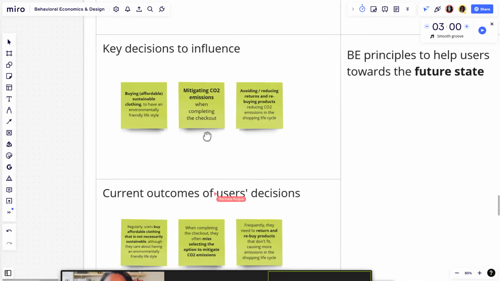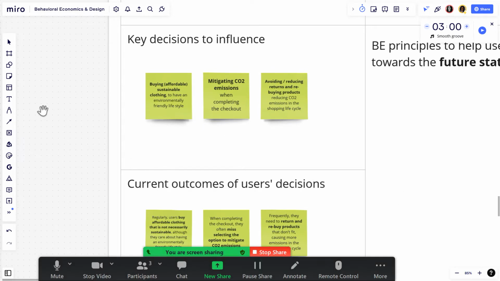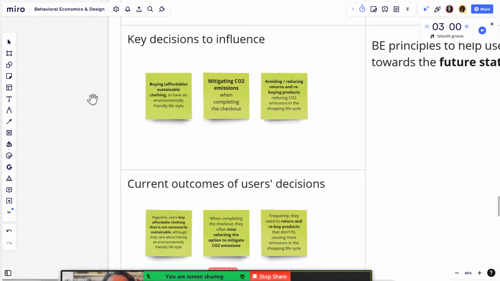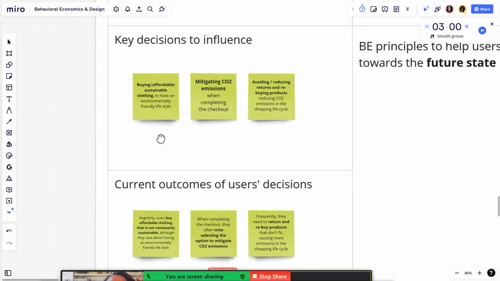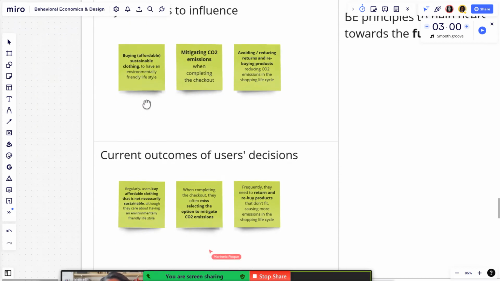Then we have the key decisions that we want to influence. Essentially, we want them to buy affordable clothing, to have an environmentally friendly lifestyle. We also want them to mitigate their CO2 emissions when they complete the checkout, and we want to reduce the returns when they buy products.